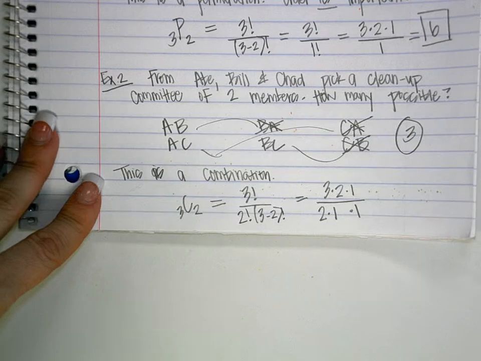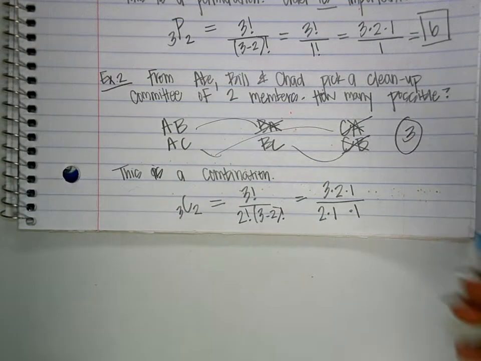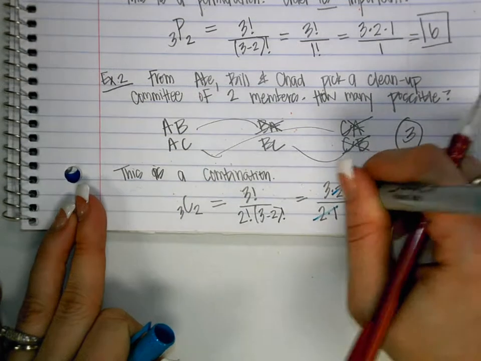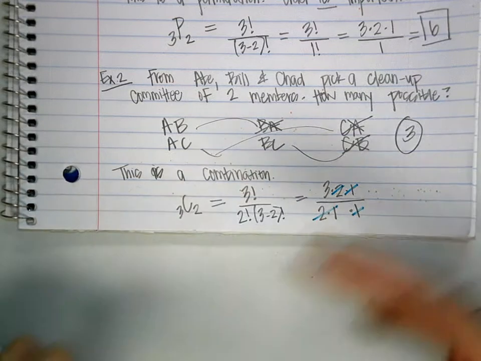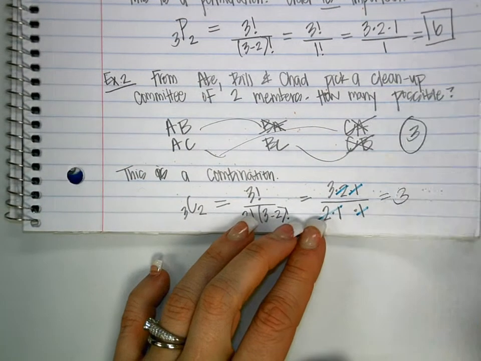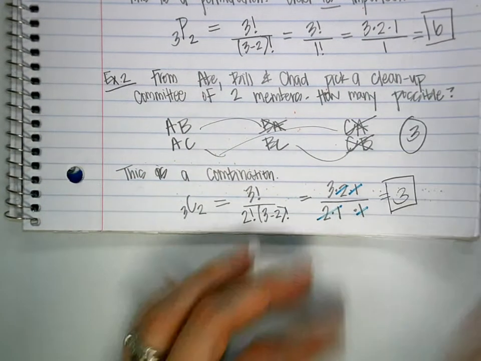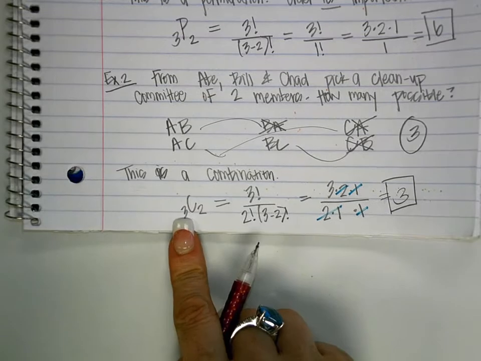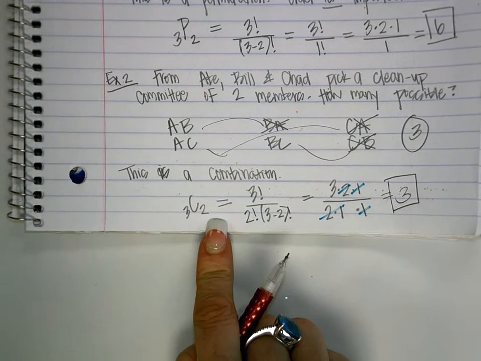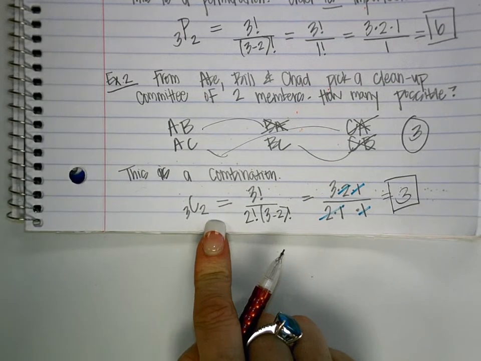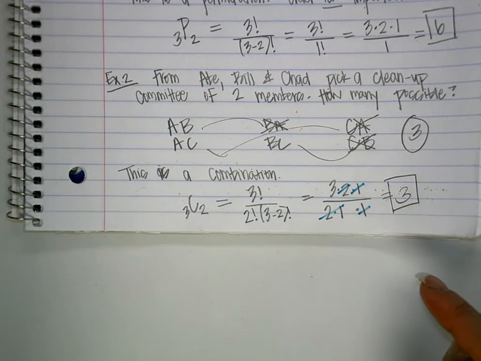What do N and R stand for? Those are just the variables that you're given. The N stands for how many things you have to choose from, and the R is how many you're choosing. So your answer here is 3.